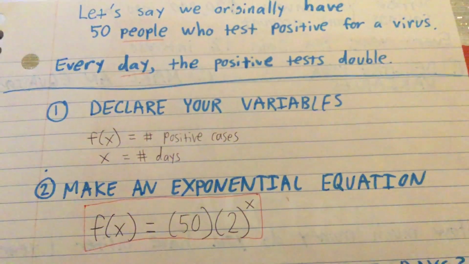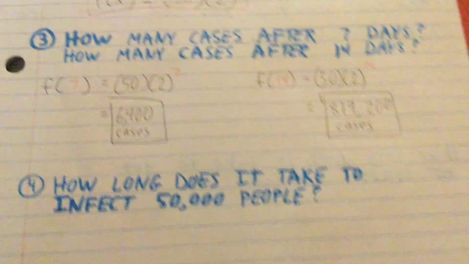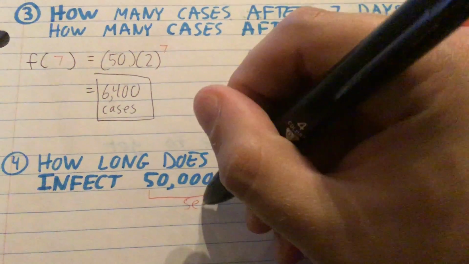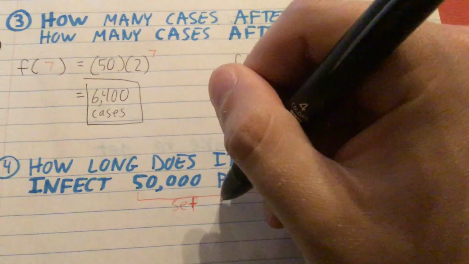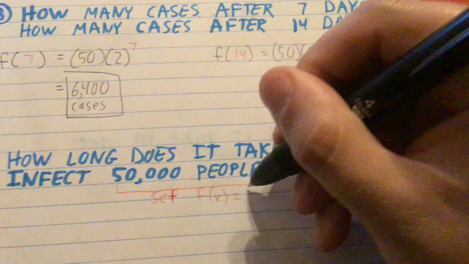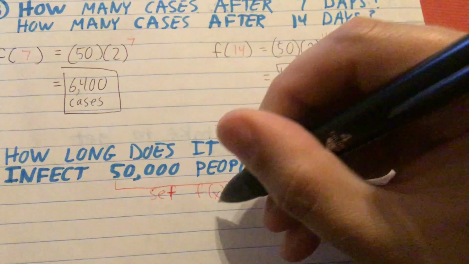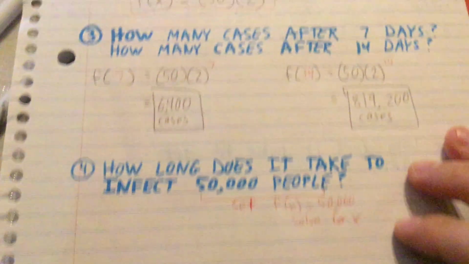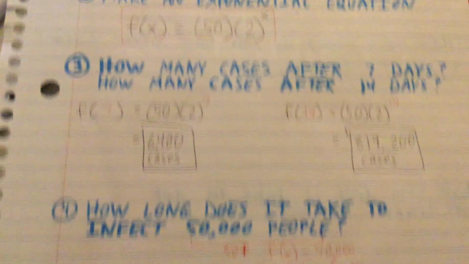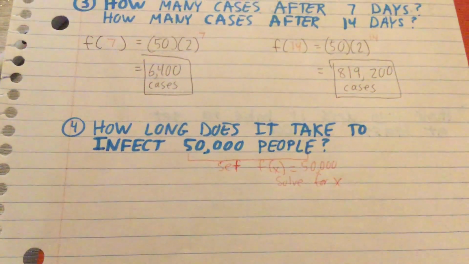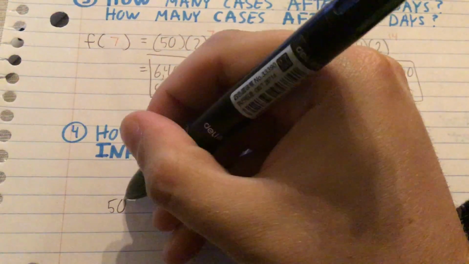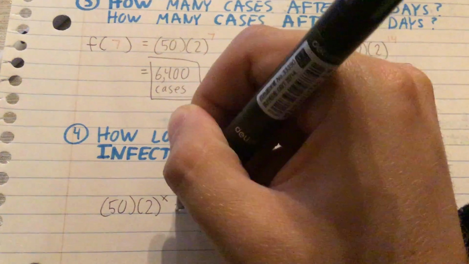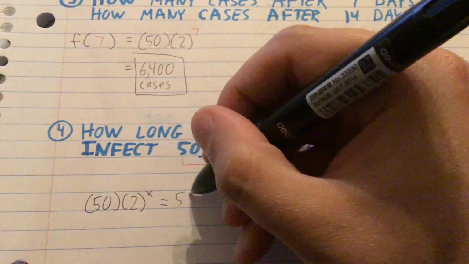Okay, so once again, when it says how long does it take, this means set f of x equal to 50,000, solve for x. So now that we know the number of positive cases needs to be 50,000, that means 50 times 2 to the x is equal to 50,000.